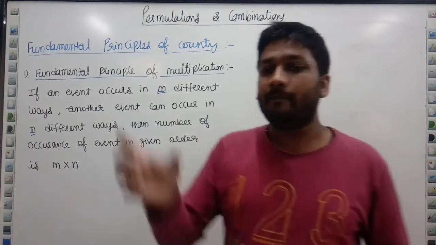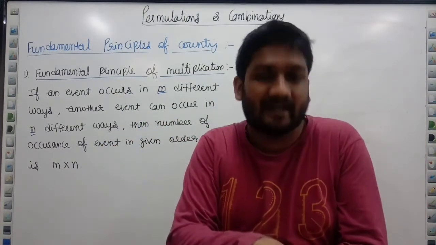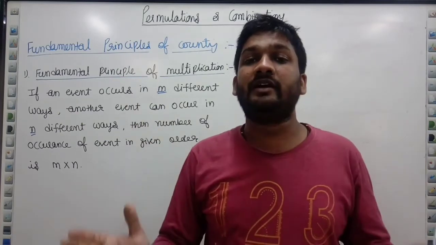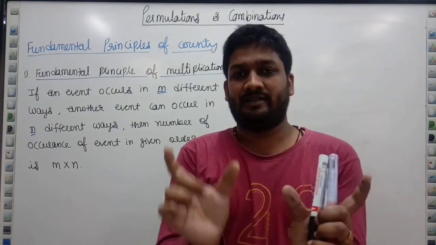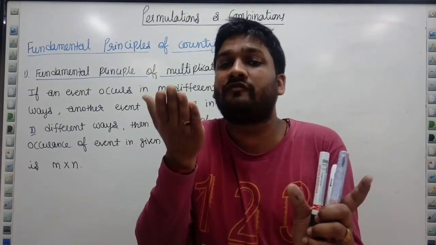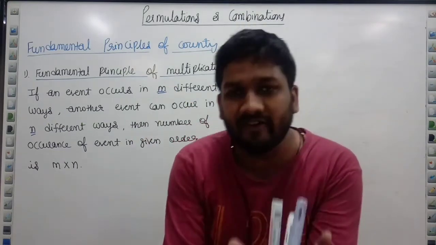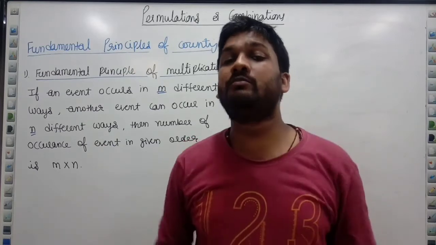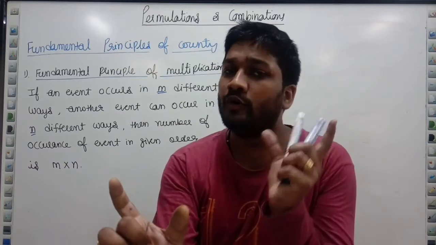Given order means the first event happens, it completes, and then the second event starts. The complete task is divided into two events. One event is completed in m ways, and after it completes, the second event starts and completes in n ways. Then the total number of ways this task will be completed is m into n.